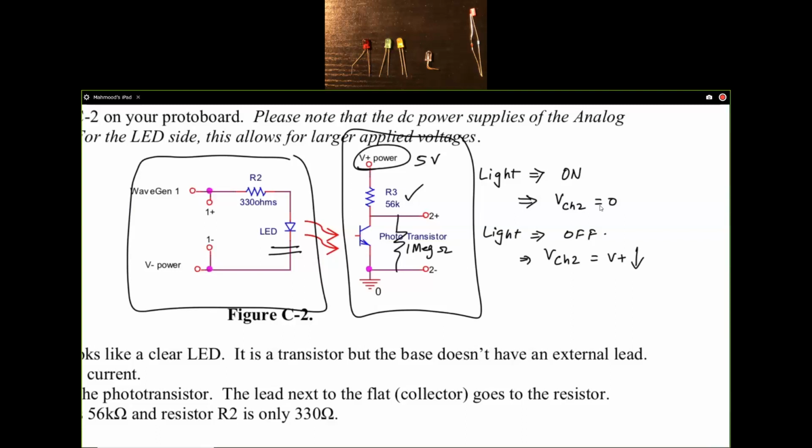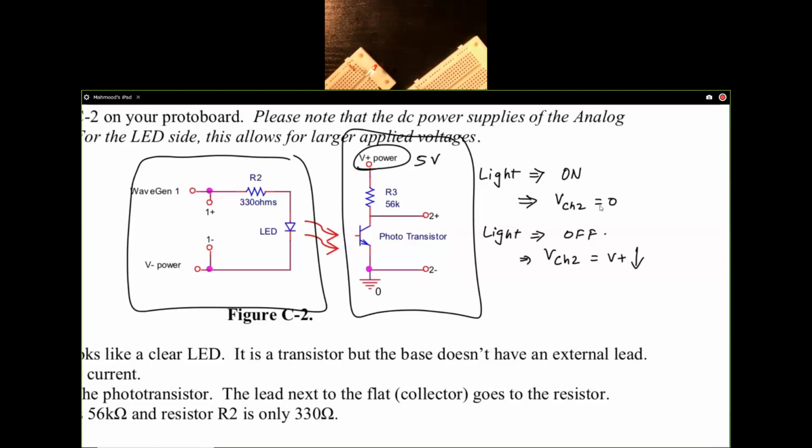So let me place this by the side here. Actually erase this so that we can see things better. I'm going to move my LEDs to the side, and I'm going to bring in two boards.